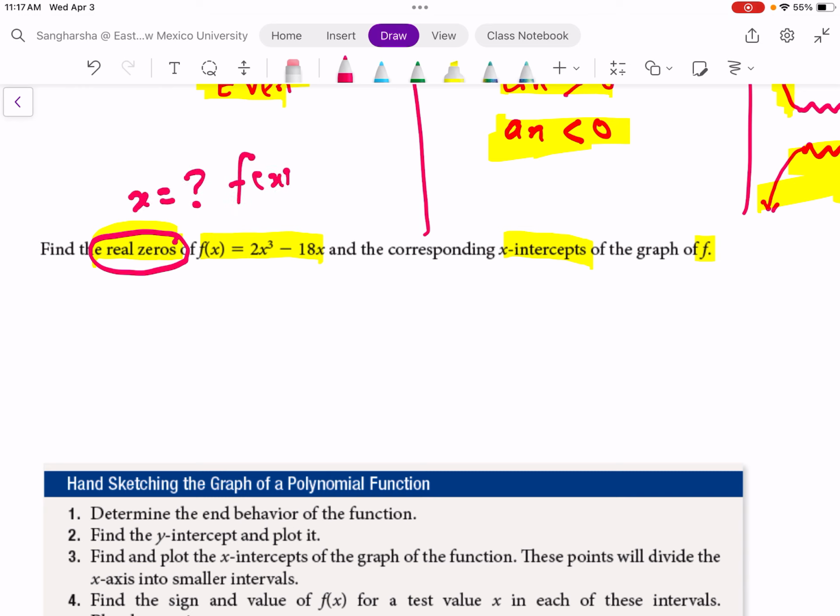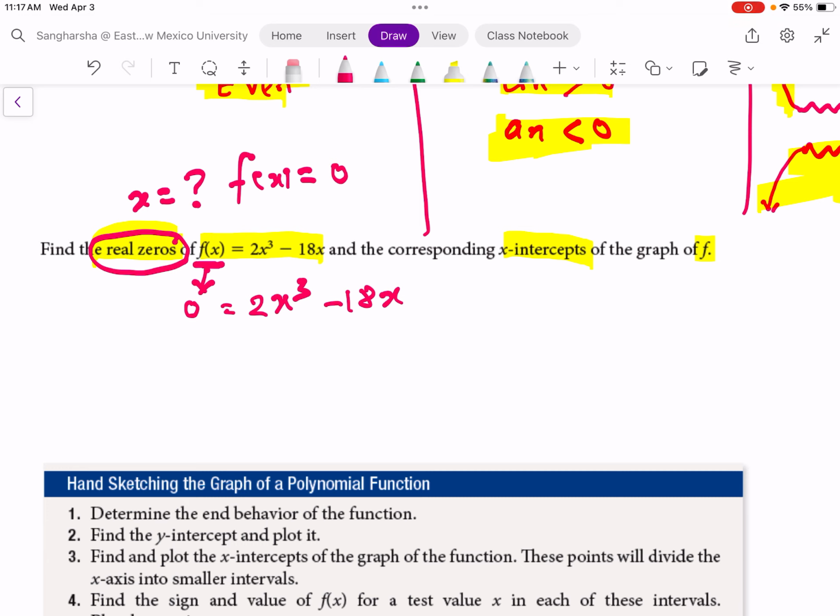We are looking for our input which gives us output equal to 0. Here we are looking for a real zero, and to be a real zero, the output has to be equal to 0, right? f of x equals 0, equals 2x cubed minus 18x. So we are finding the x such that this equation equals 0.